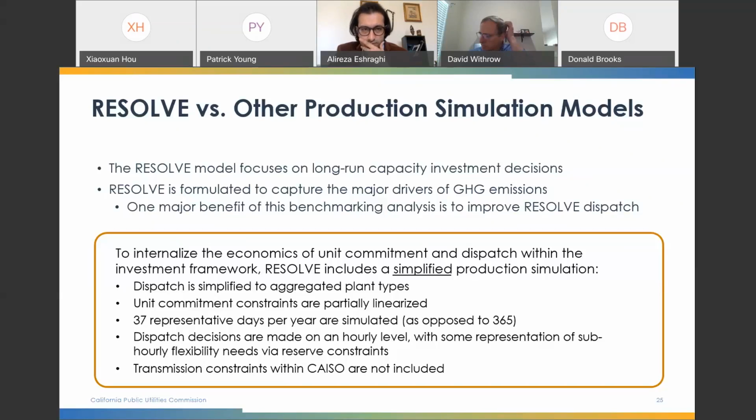We reduce the number of days down to about 37 representative days, a factor of 10 reduction in the number of days we have to simulate. And there are a number of other simplifications. So you would expect at least a little divergence between Resolve and production simulations, and by extension between Resolve and actual dispatch.